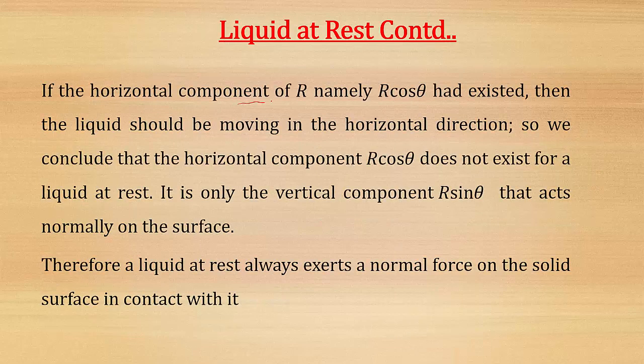If the horizontal component of R, namely R cos theta, had existed, then the liquid would be moving in the horizontal direction. So we conclude that the horizontal component R cos theta does not exist for a liquid at rest. It is only the vertical component R sin theta that acts normally on the surface.